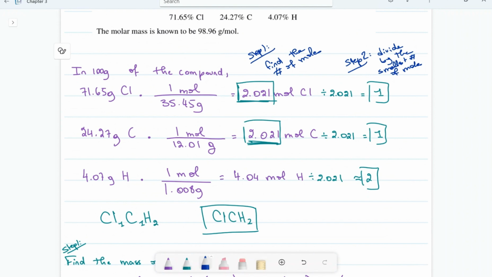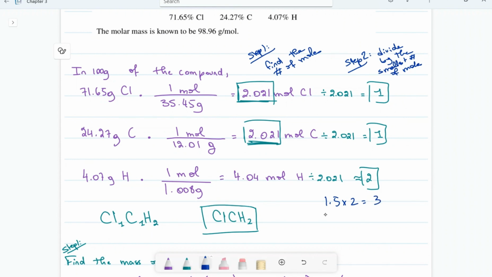Now, we were lucky in this question. We got all of these to be whole numbers, 1, 1, and 2. If you ever get a number such as 1.5, you multiply all 3 of them by 2, because 1.5 times 2 will give us 3.